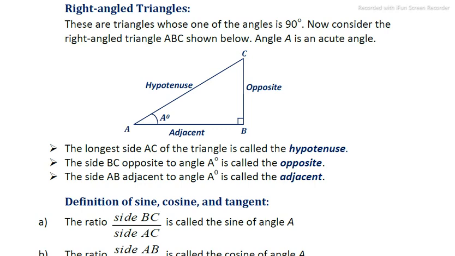Assuming we have our triangle ABC, angle B is 90 degrees. Therefore, this is a right-angled triangle. Angle A is an acute angle, meaning it is less than 90.